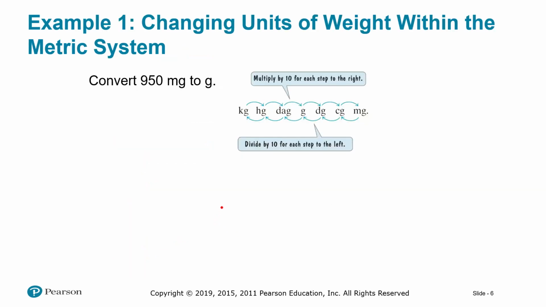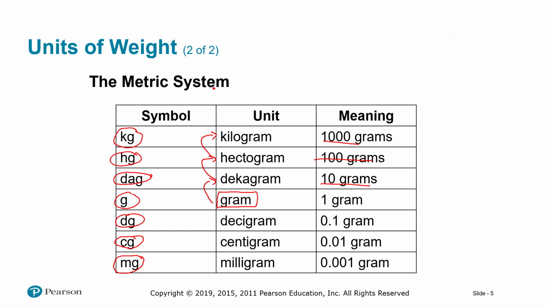So how do you convert? One of those ways of doing it is just by moving the decimal point. Notice we're going here from milligrams to grams. So if we sneak back here and take a look, milligrams are down here, grams are there. Notice that to get from one to the other, you have to make 3 bounces, let's say, or 3 steps.